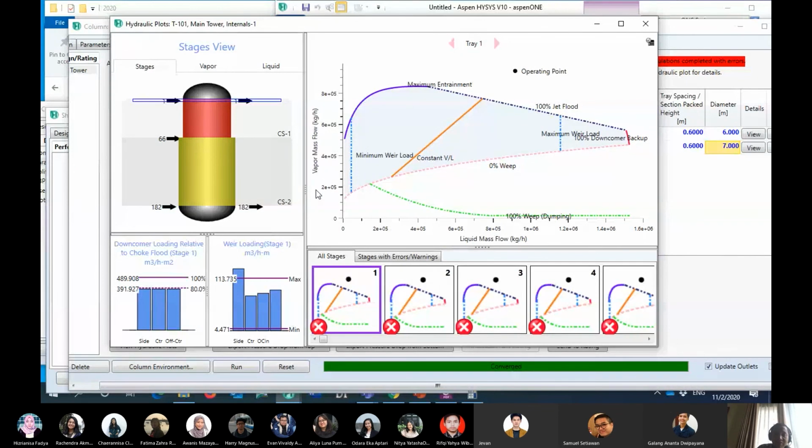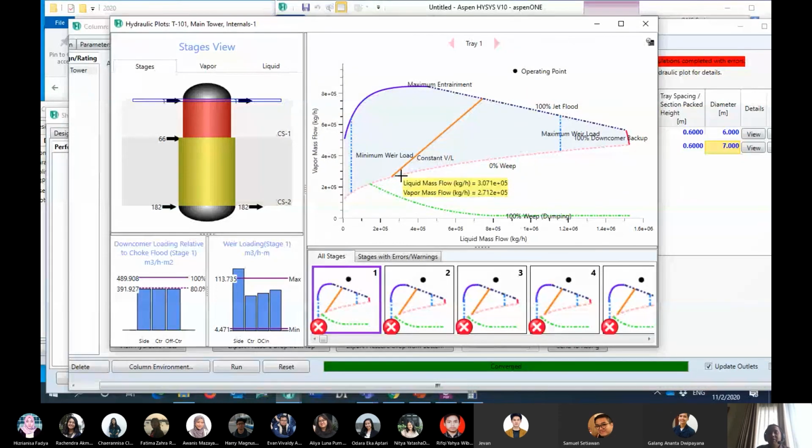For example, for the enrichment section, this is exactly the same as what we learned from the previous presentation. We have the liquid flow rate on the x-axis and the vapor flow rate on the y-axis.